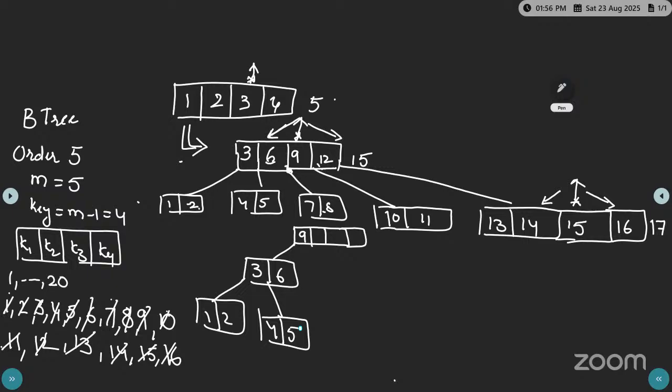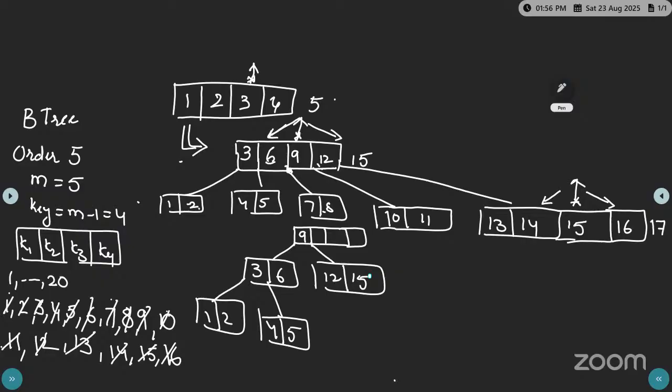Now 9's left, 3 and 6, is done. What is on the right of 9? 12 and 15.